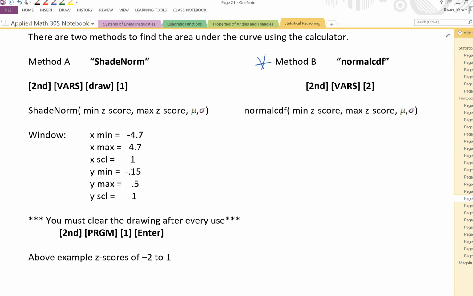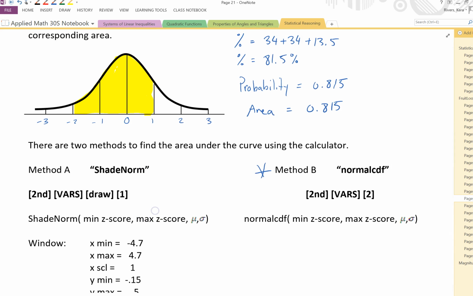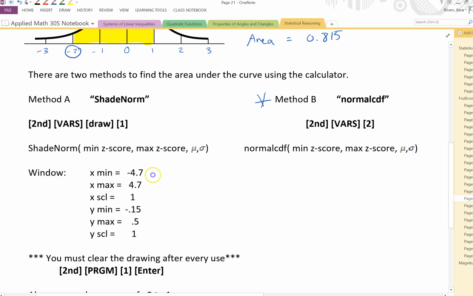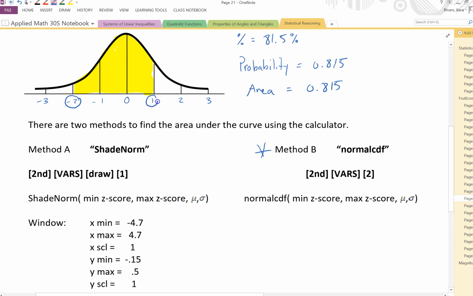All right, it says here that we go into our calculators and we put in second vars draw 1. Okay, that's going to give you shade norm, and you're going to put in your minimum score. So our minimum score in this case is -2. Then comma, our maximum score, that would give us 1.